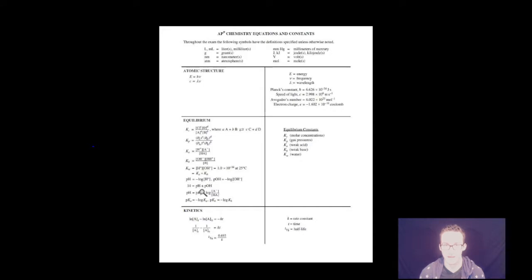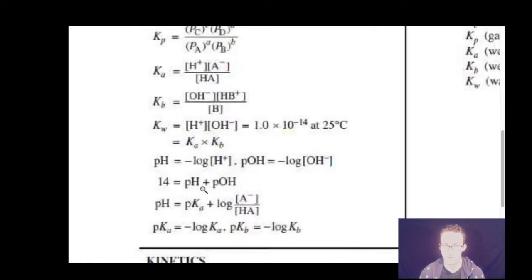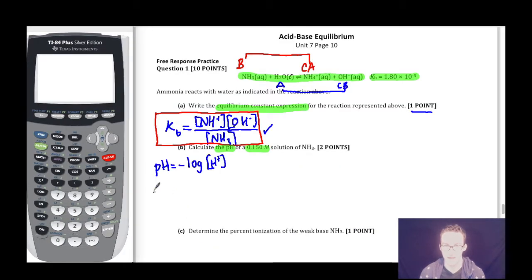You should recognize that you are also provided with this relationship between pH and pOH. And so additionally, I have this relationship pH plus pOH is equal to 14.00. So to sort of wrap your mind around what we need to do to solve for this problem, we need to figure out what the pOH is.